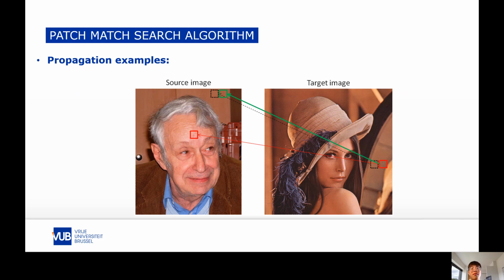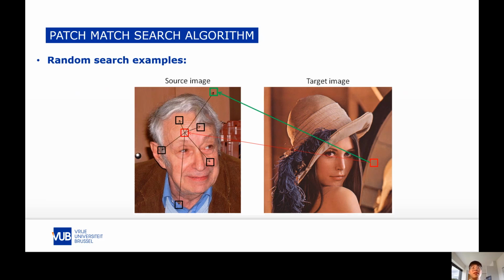If the black area is better, then we change the red patch's offset map values to the green area in the source. After that, the areas in the source will randomly deviate to different locations. If one location is more suitable, then the patch will change its offset map.